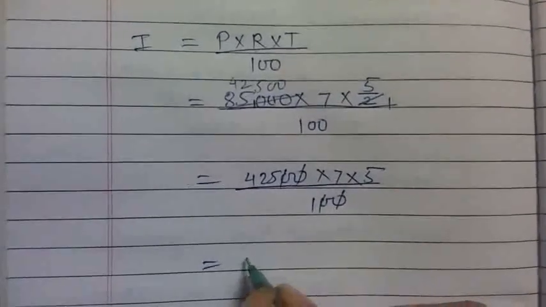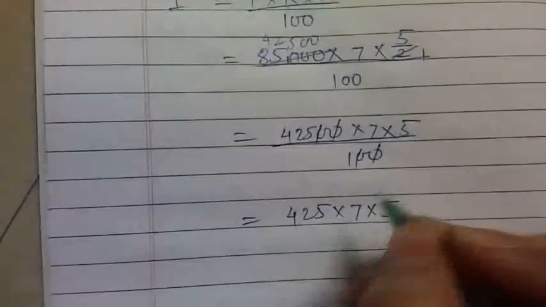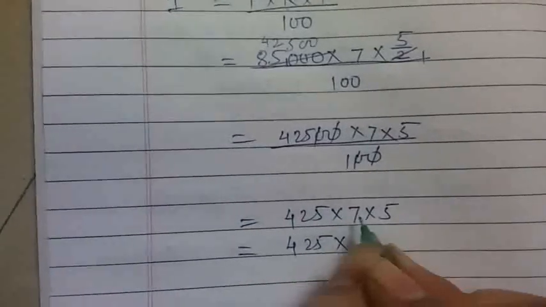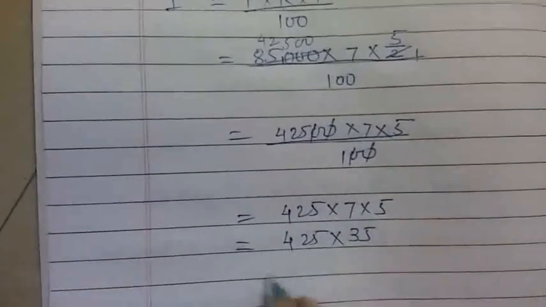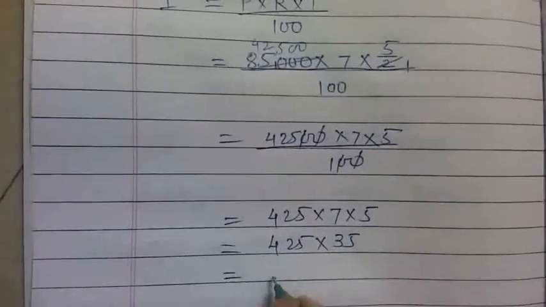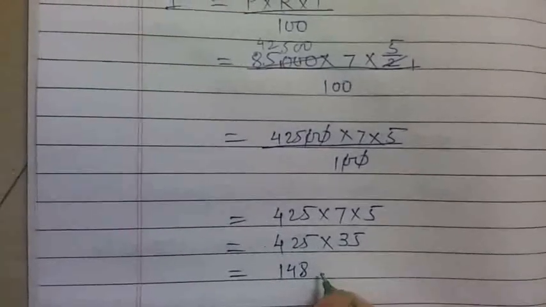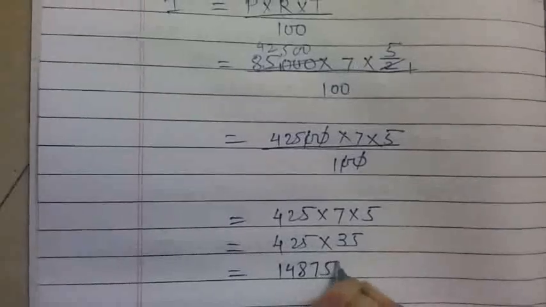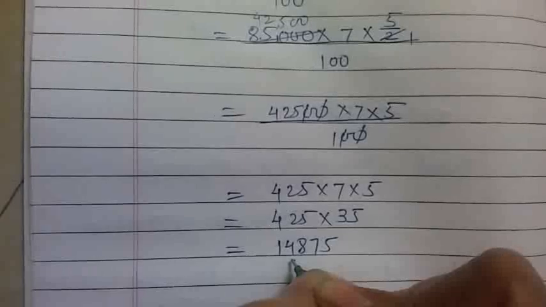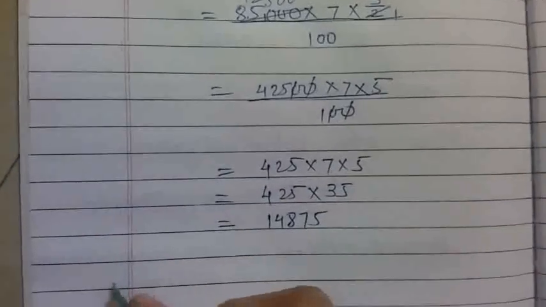Now what is remaining? 425 multiplied by 7 multiplied by 5. 7 5s are 35 and 425 multiplied by 35. Answer is 1,04,875.